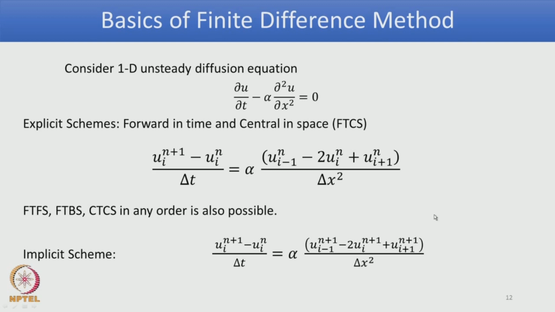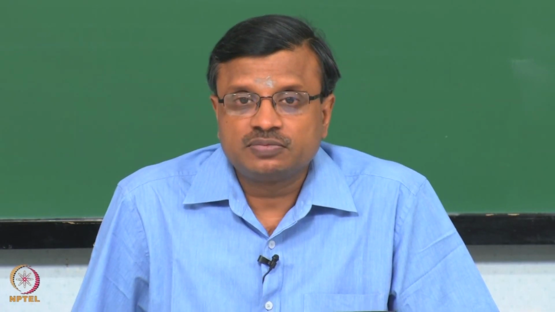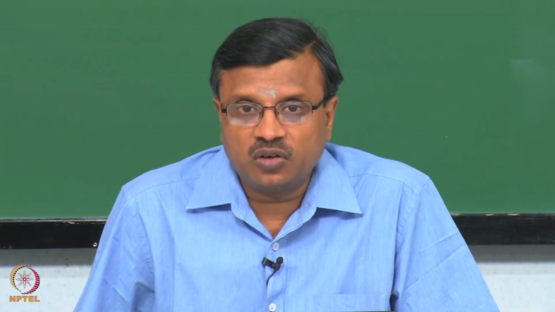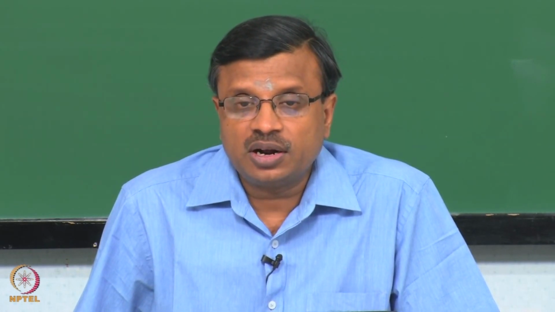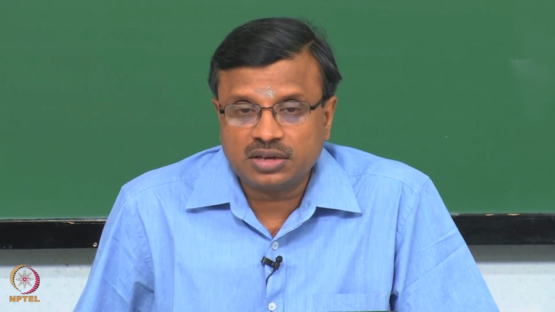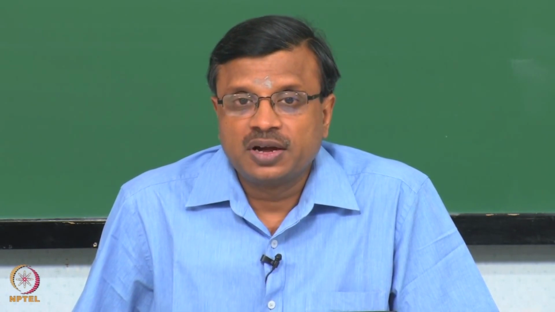We do not go into the advantages of the explicit and implicit schemes now. We will reserve that explanation for the subsequent class, just to get an idea of writing different finite difference approximations. In this class I have started telling you about 3 different basic discretization procedures.